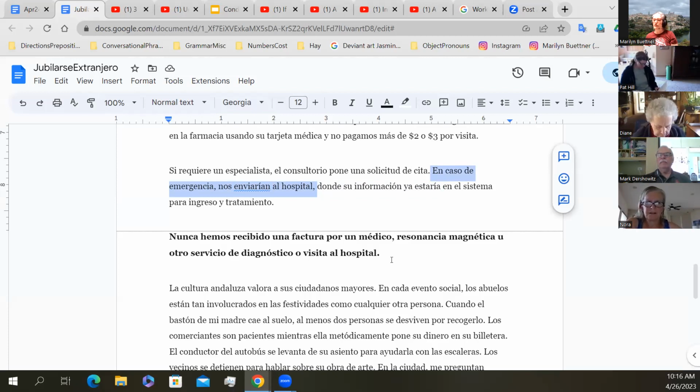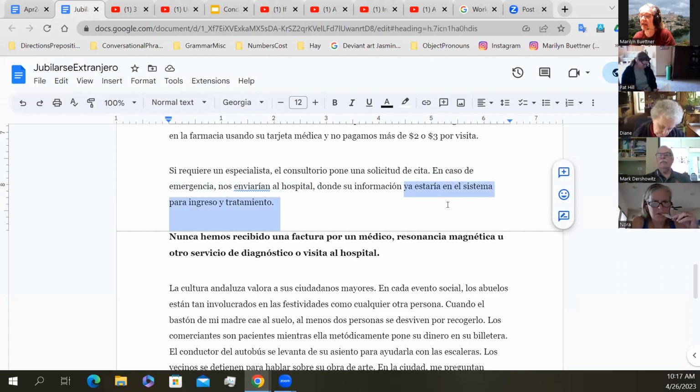In case of an emergency, they would send us to the hospital, would send us, if it were necessary. Donde su información ya estaría en el sistema para ingreso y tratamiento, where their information would already be in the system to check in and do treatment, for registration and treatment.